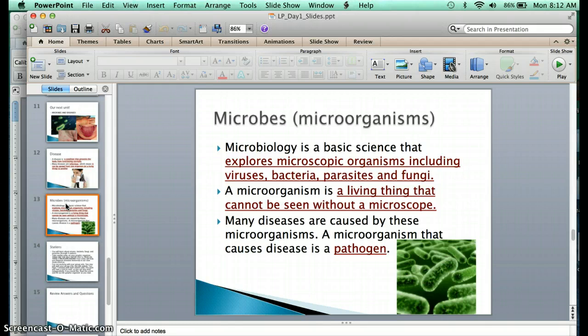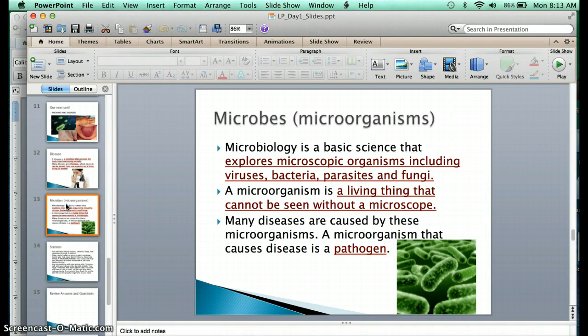So many of the diseases that we're going to focus on in this unit are caused by these microorganisms. They're caused by things we can't see. That's why it's so important to wash your hands and do different things like that for hygiene, because a lot of these diseases are caused by stuff that we just can't see coming. We just need to know that we're killing germs when we wash our hands. Not all these microorganisms cause diseases. They're just small organisms. They're not all deadly, okay?